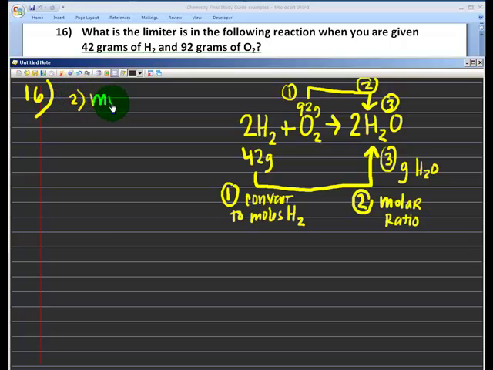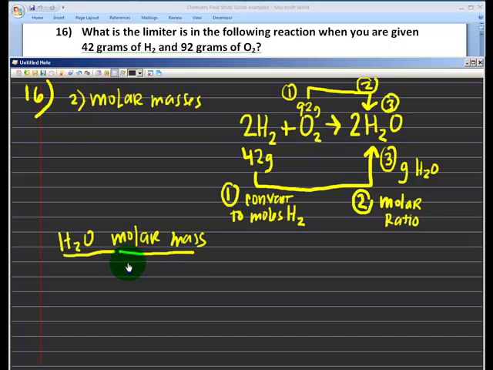Now step 2. We have to find the molar masses for all 3. I'm just going to show you how to find H2O, but you're going to have to find the molar masses for H2 and O2. Let's look at H2O. I have hydrogen. How many hydrogens do I have? I have 2 hydrogens.